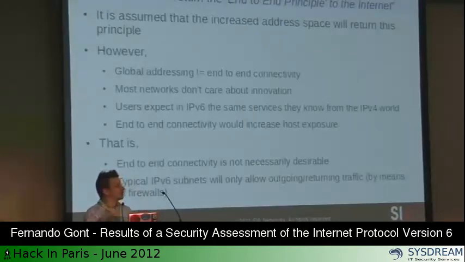And when they deploy IPv6 to their customers, they deploy at the border of their network a stateful firewall that essentially only allows outgoing connections. So essentially, from that point of view, you have exactly the same thing as you have with the NAT, with the only difference being that in the case of IPv6, you have global addresses for each of the nodes. But when it comes to connectivity, you cannot get to the internal network from the outside.